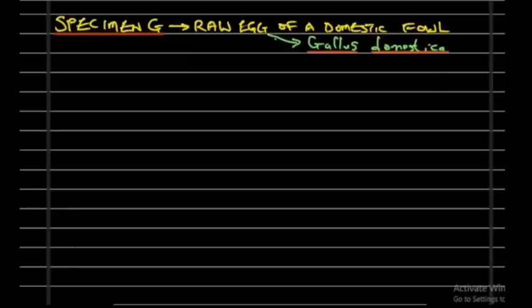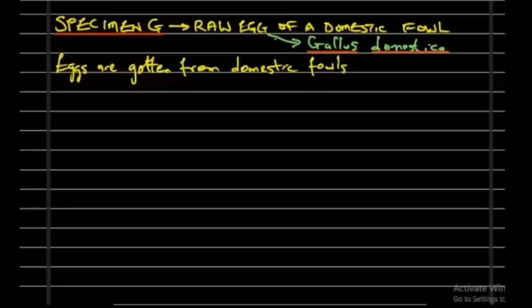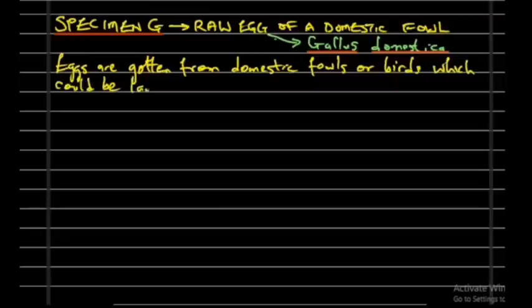So what do you have to say about this particular thing? The eggs are gotten from domestic fowls or birds, which could be layers or broilers.